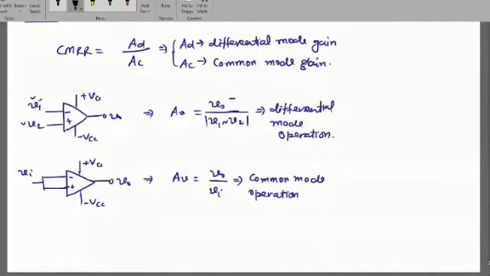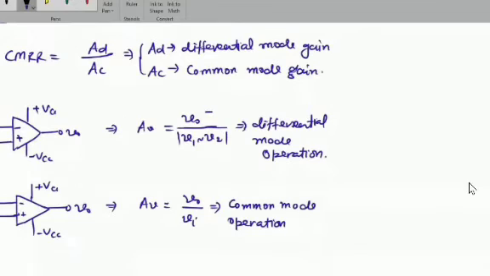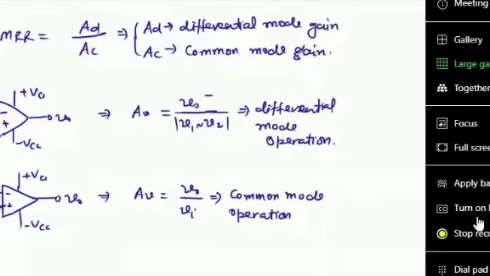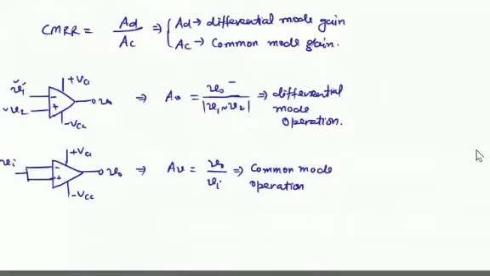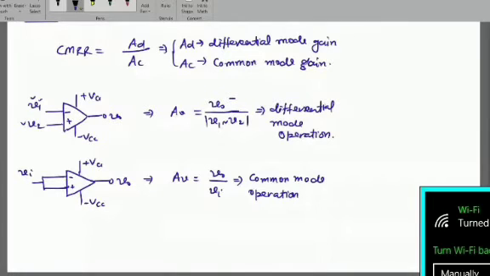If I define slew rate, it will be dV naught over dt, the maximum rate of change of voltage over time. This is called slew rate. In the case of an ideal op-amp, the slew rate must be infinity.